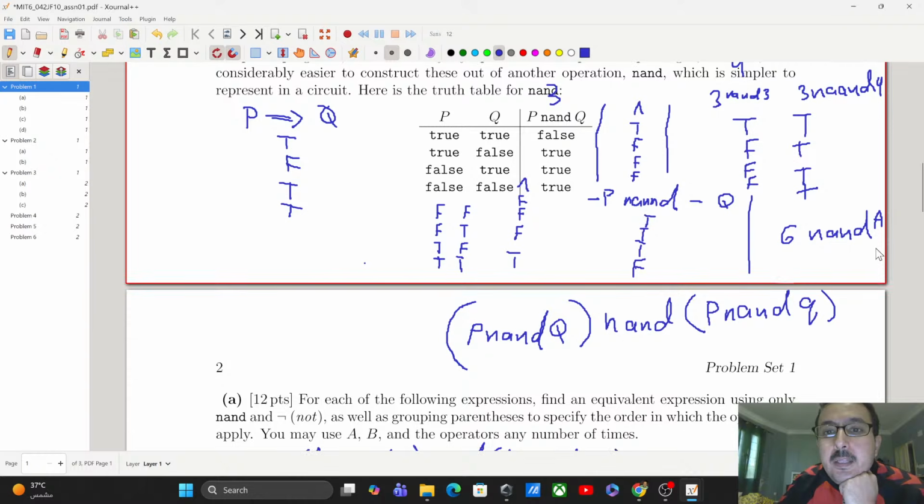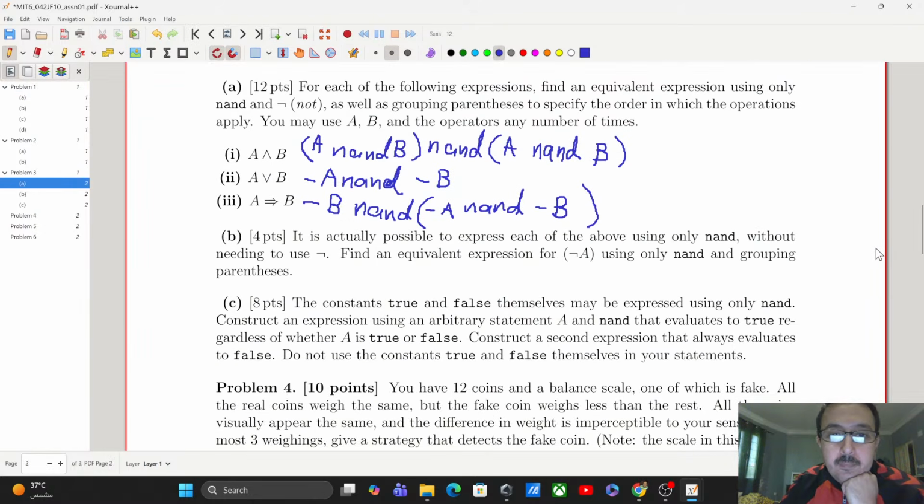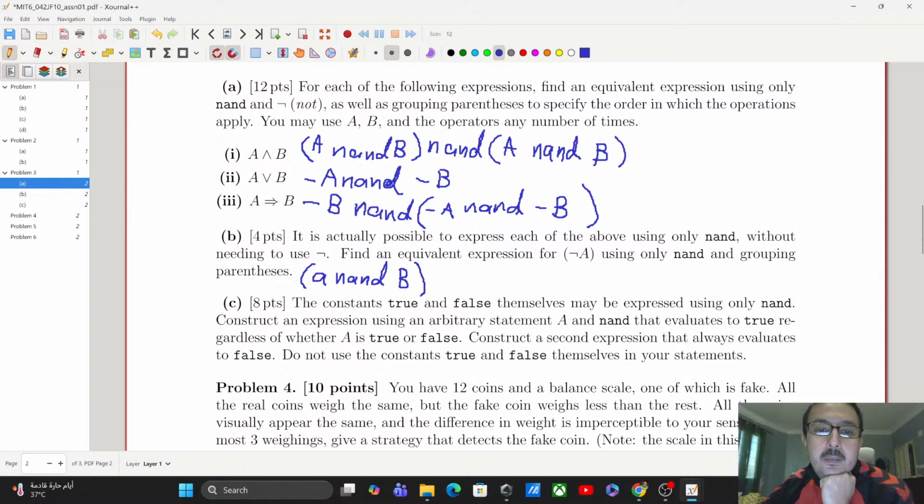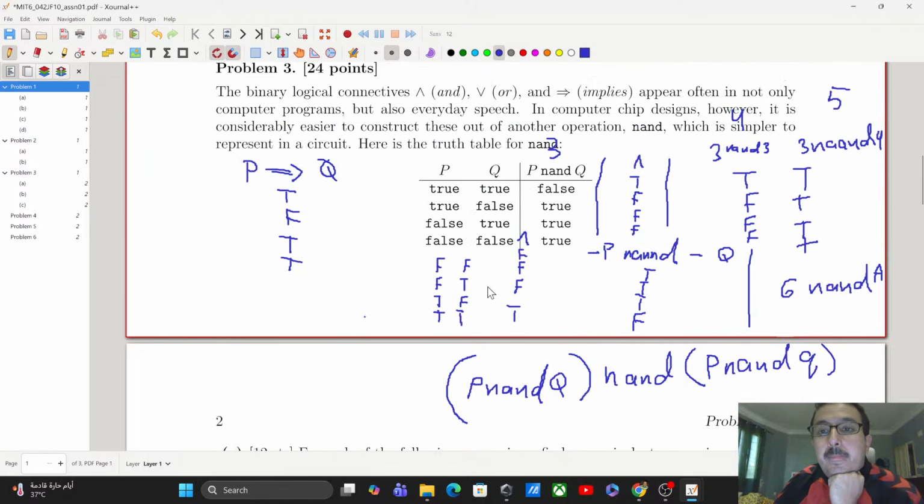A and B, A and B, and what is it gonna be?